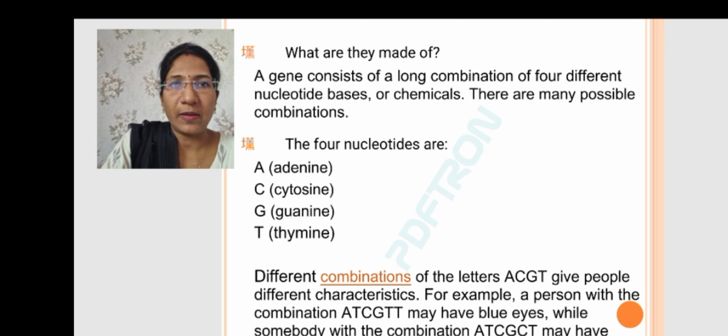Adenine denotes A, then cytosine C, guanine G and thymine T. Different combinations of these letters A, C, G, T give people different characteristics. For example, a person with a certain combination of A, T, C, G, T, T may have blue eyes, while somebody with the combination A, T, C, G, C, T may have brown eyes.